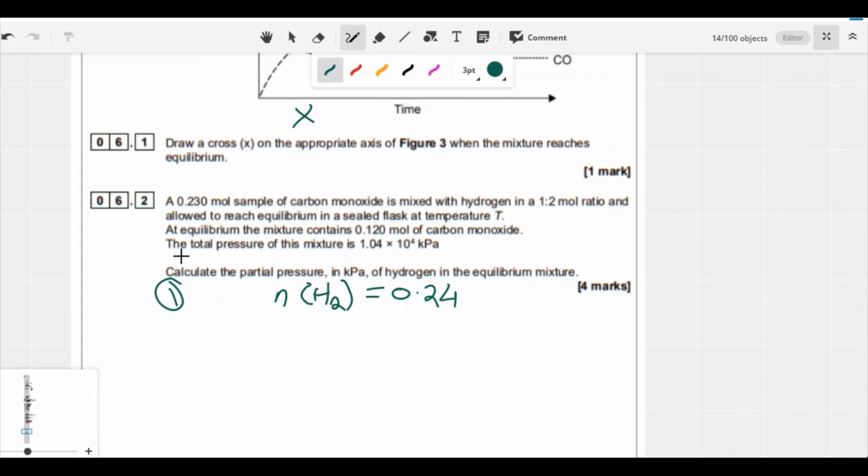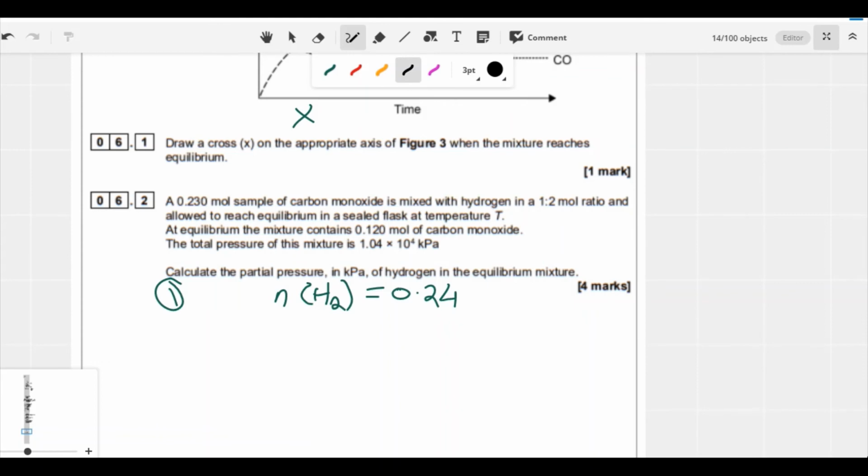Now the second one, the total pressure of the mixture is given. Calculate the partial pressure in kPa for hydrogen in the equilibrium mixture. So first of all you need the total number of moles. Here hydrogen is 0.24 and the carbon monoxide sample is 0.23.